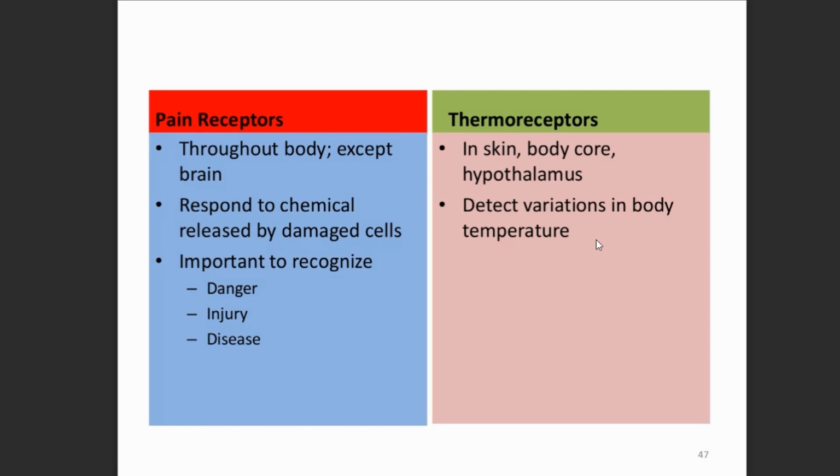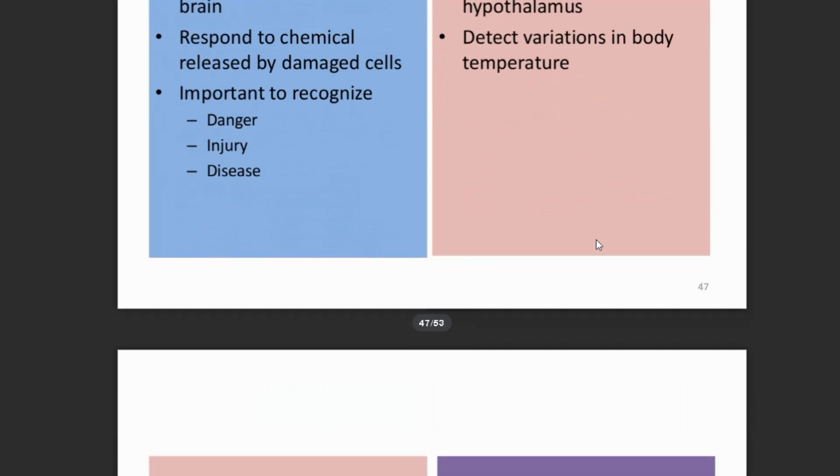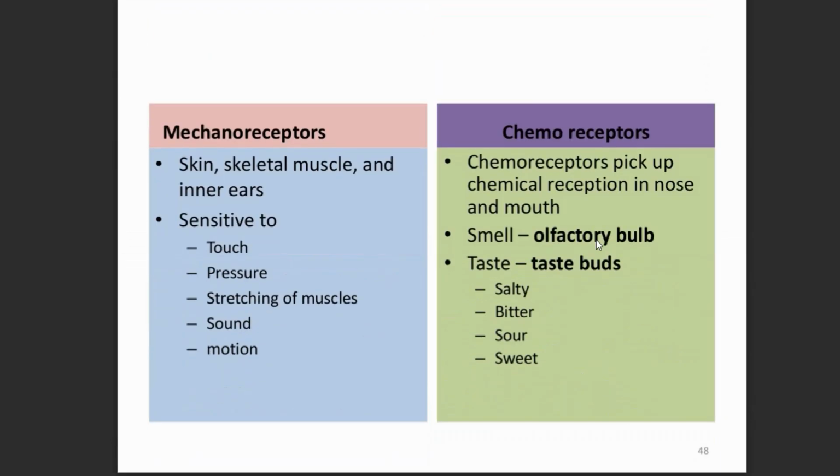Again in summer, we feel very hot, and the hypothalamus again regulates it. Mechanoreceptors are present in our skin, skeletal muscle, and inner ears, maintaining our equilibrium. They are sensitive to touch, pressure, stretch of muscles, sound, and motion.